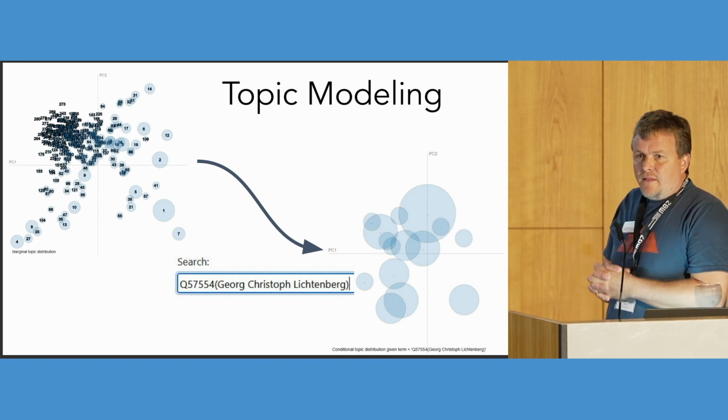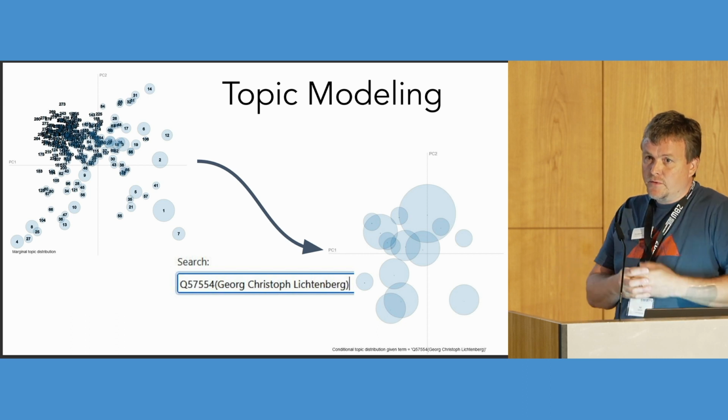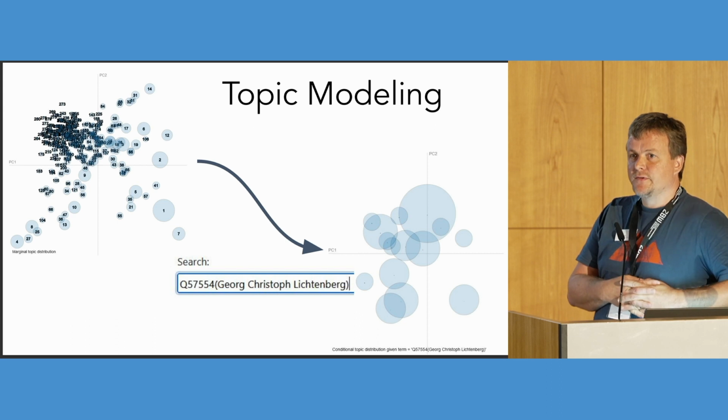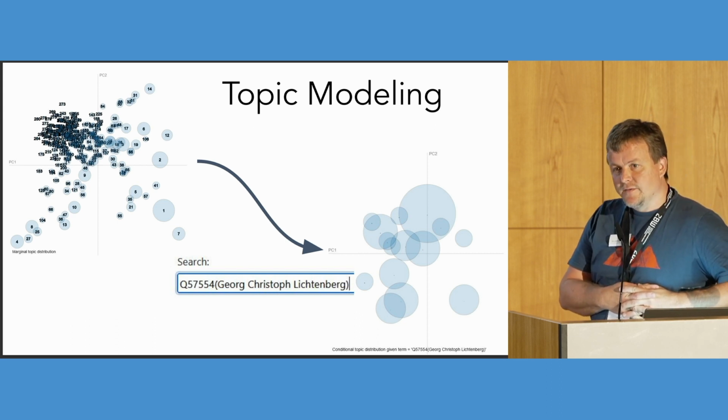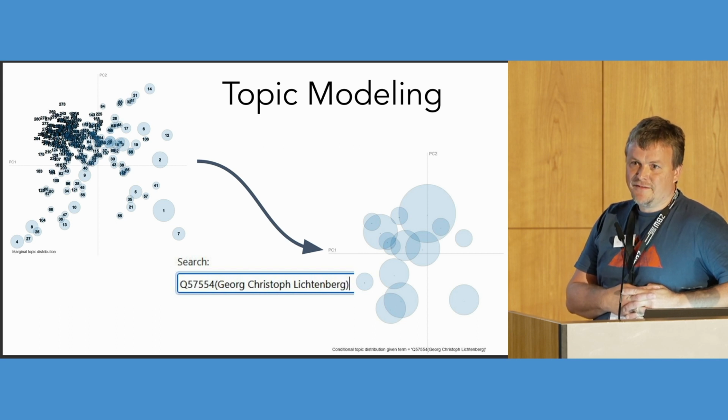Once you have done that with your entire text corpus, you can do nice things with the information. For example, instead of doing topic modeling with the words in your text corpus, you can do topic modeling with the entities. So instead of words, we just consider entities as the main descriptors of texts in the corpus.